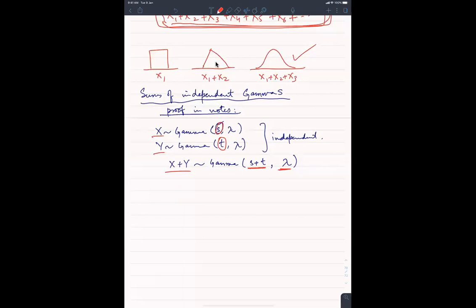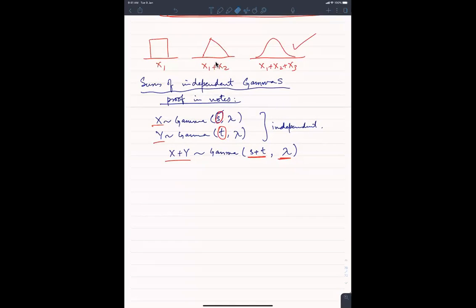If their lambdas are not the same, then this expression is not going to be valid. The lambdas have to be the same. So a little proof is given in the notes.